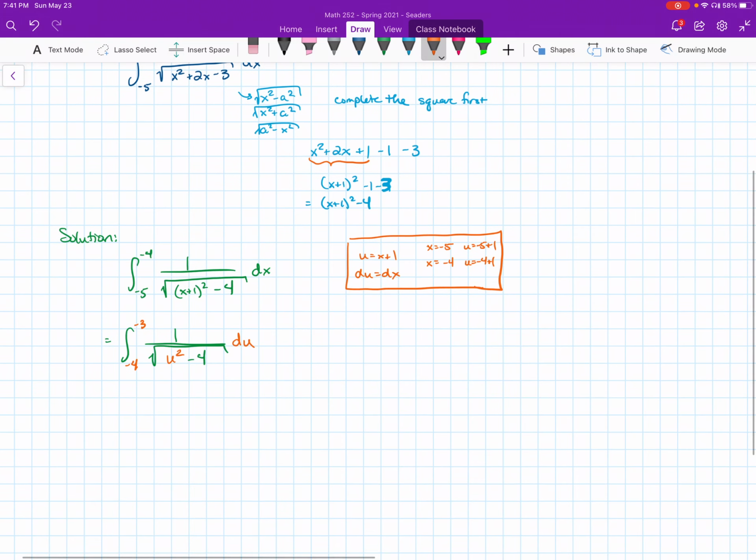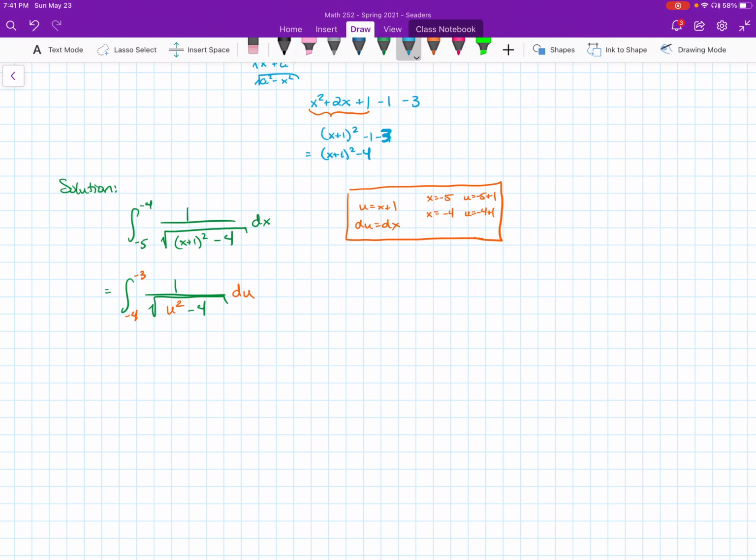So now I have everything set up for a trig substitution, and that's what I'll do next. I have a u squared minus 4. If I look at my table, I'll see that I want u to be 2 secant theta. That's the trig substitution I want, because it's in the form u squared minus 2 squared.